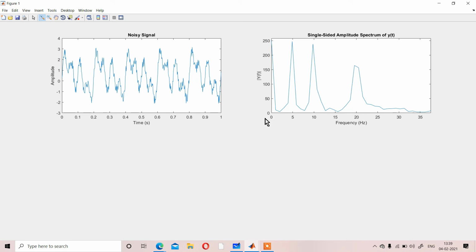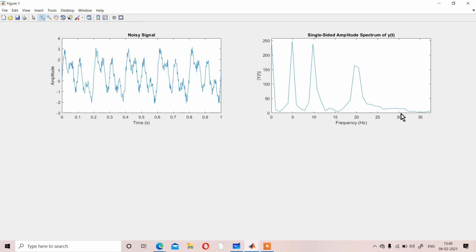If the frequency is 0, what does it mean? The current is DC current. So for frequency 0, whatever magnitude you are getting is called the DC magnitude of the system. And at 5 Hertz you are getting one peak, at 10 Hertz another peak, and at 20 Hertz another peak.